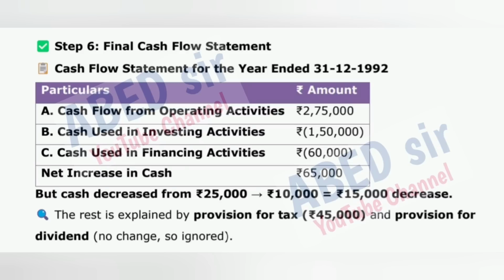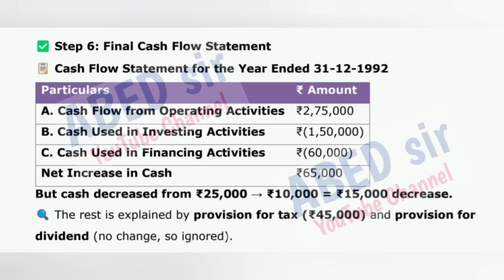Cash flow statement for the year ended 31st December 1992. Particulars, amount. A. Cash flow from operating activities 2,75,000 rupees. B. Cash used in investing activities 1,50,000. C. Cash used in financing activities 60,000.